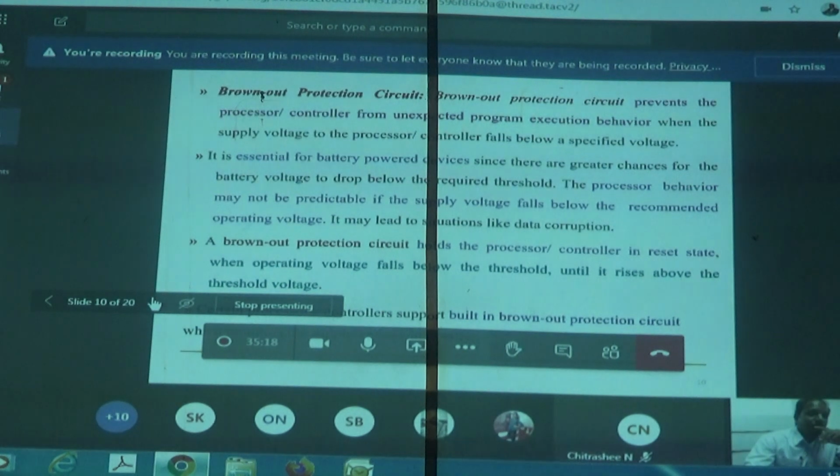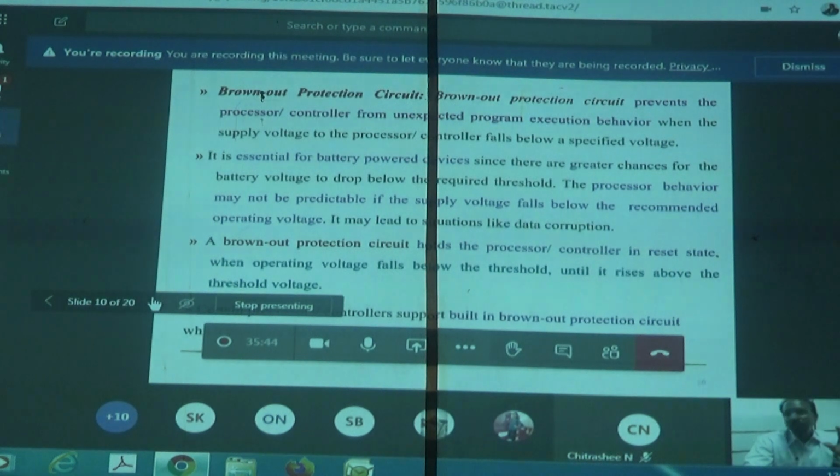So that means if your device is supposed to be operated at 10 volts, it has to work with 10 volts such that the software will work very well. If the device voltage drops below 10 volts, why? Because embedded devices are portable and battery powered.